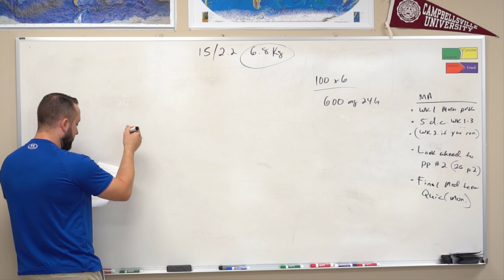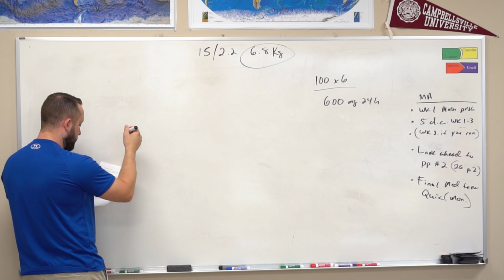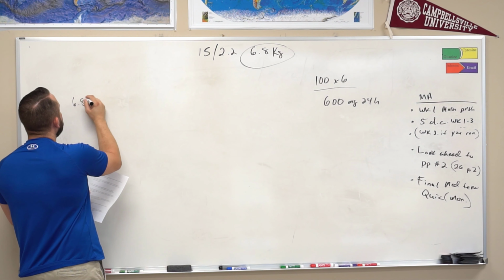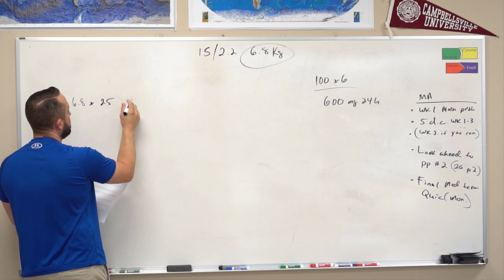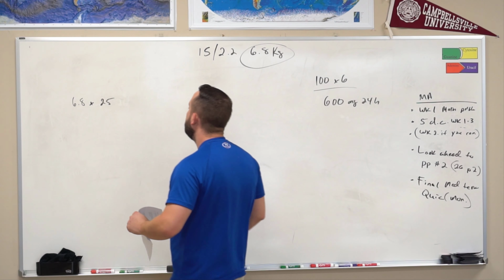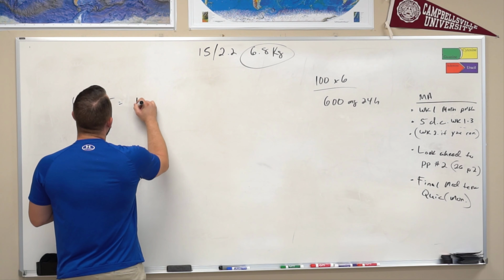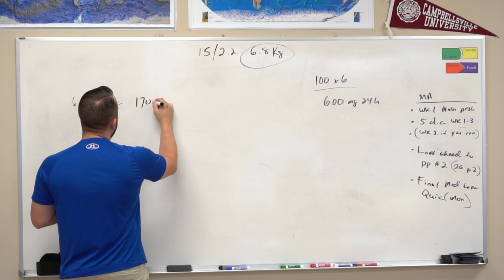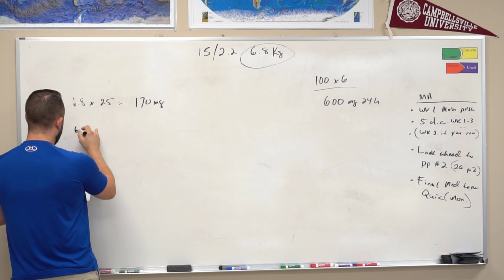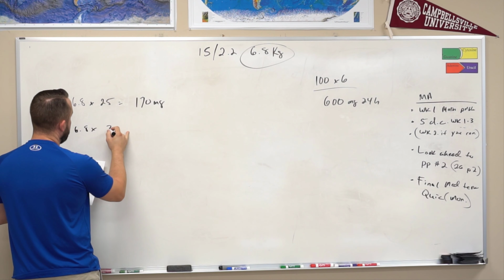To figure out the safe range, I'm going to take 6.8 times 25. I don't have a calculator. 170. That's the low end. And 6.8 times 30 milligrams.